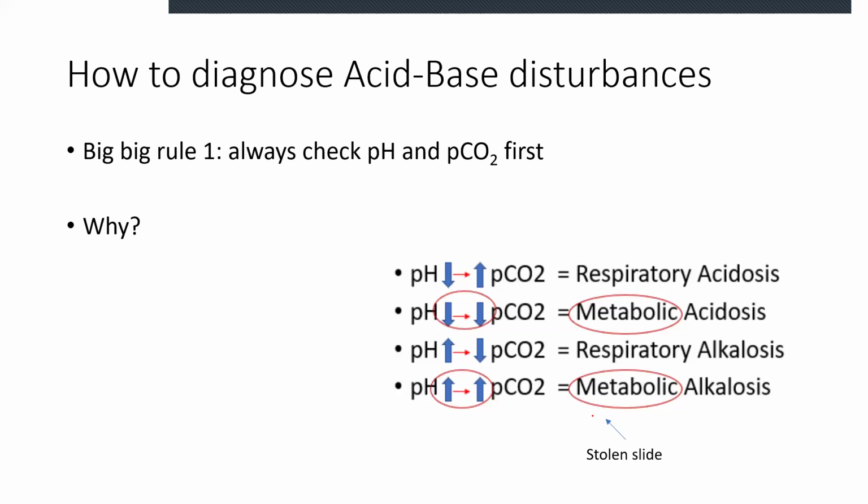Because the lungs, you can immediately just hyperventilate or hypoventilate. And so it will immediately tell you about the current respiratory status. And if you have a situation where you have a mixed disorder, where you have like metabolic acidosis and respiratory acidosis, that's fine. You'll still mention the respiratory acidosis first.